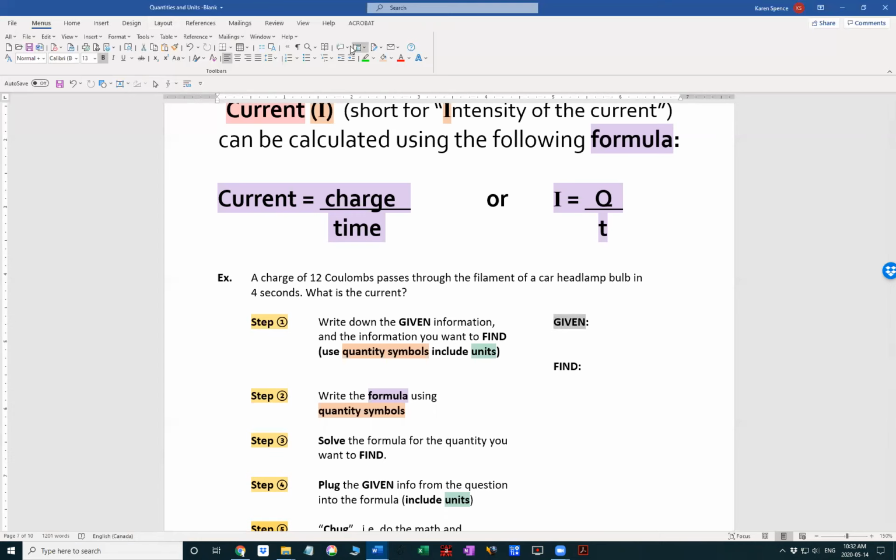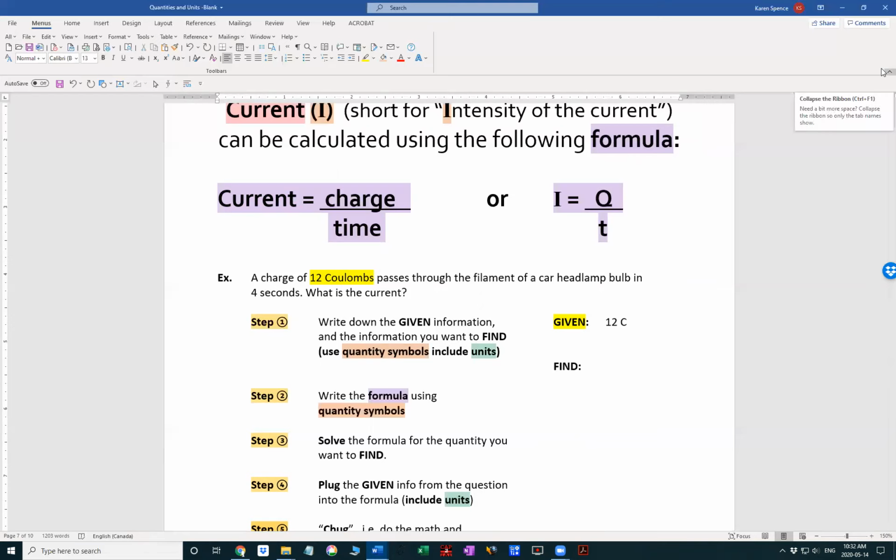So let's find our given information. Anything that is given will have a number. So there's a number, 12. 12 coulombs. But remember, I don't just want to write my quantity, my unit and how many. I also want to write the quantity symbol. And remember, coulombs measures charge.